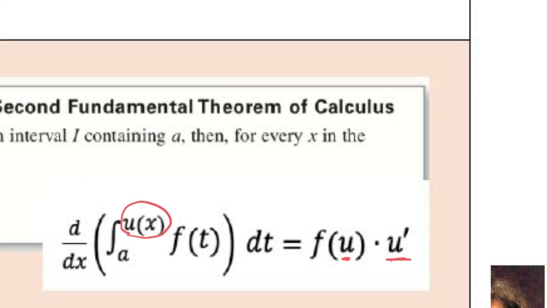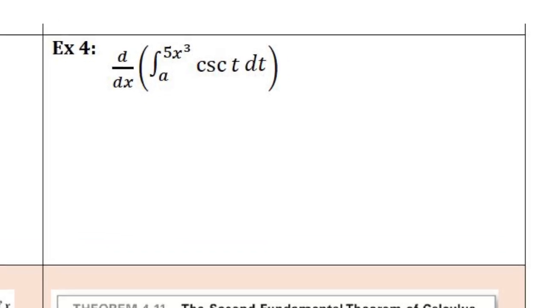All right, so for our last example, number 4, we want the derivative of the antiderivative of cosecant t. You don't actually know the antiderivative of cosecant t, but you do know from the second fundamental theorem of calculus, this answer is cosecant 5x cubed multiplied by 15x squared.